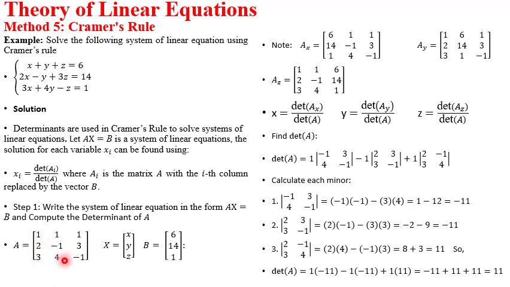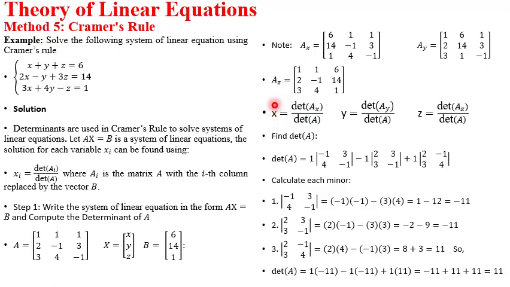So, and for AZ, look at this. These are the same, but the elements that represent the coefficients of Z have been replaced by the constant values 6, 14, and 1. So this is your AX, this is your AY, and this is your AZ.